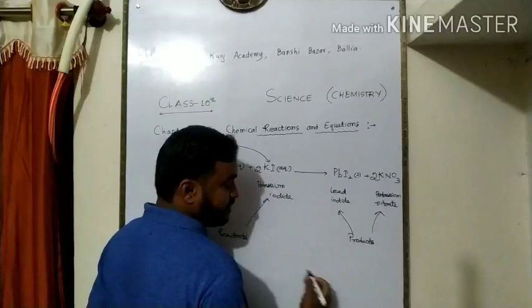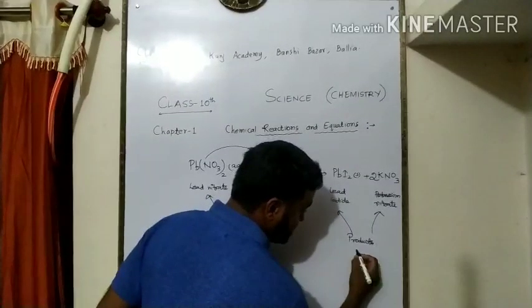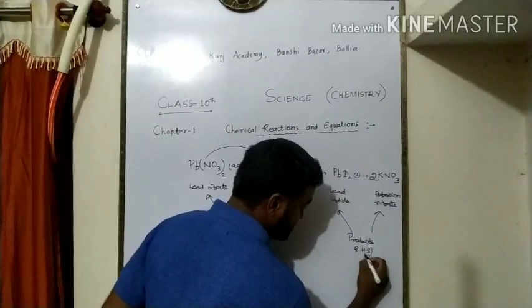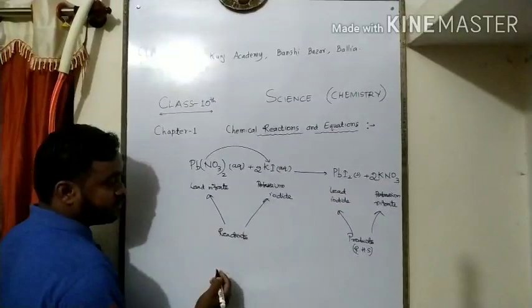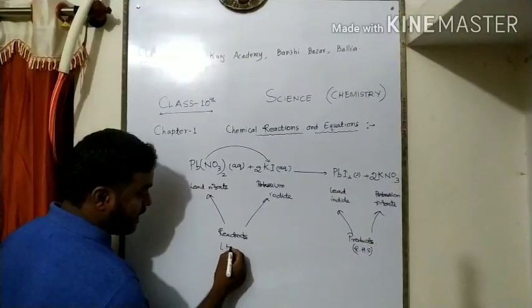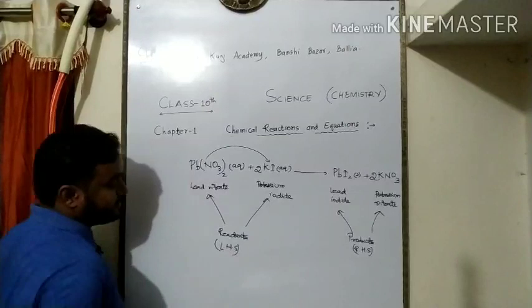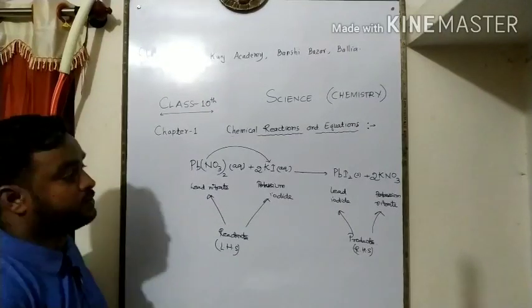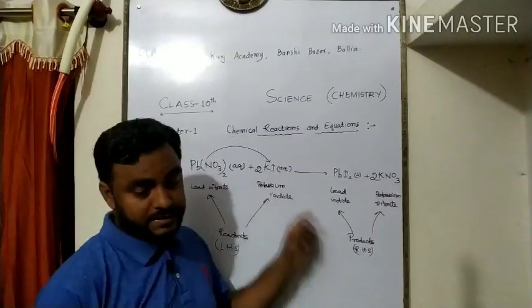Usually in a chemical reaction, products are placed on the right hand side, that is RHS, and reactants on the left hand side, that is LHS. So this reaction is very important from your examination point of view.